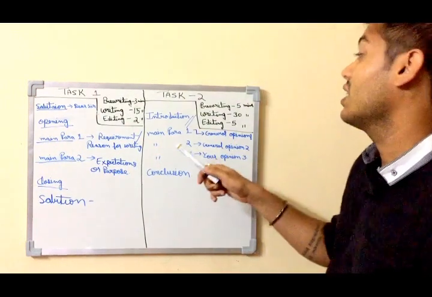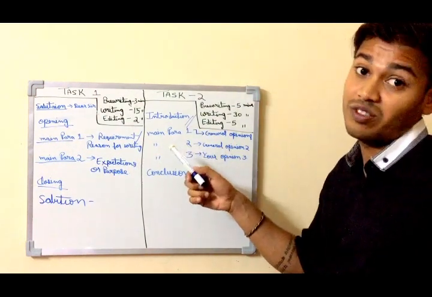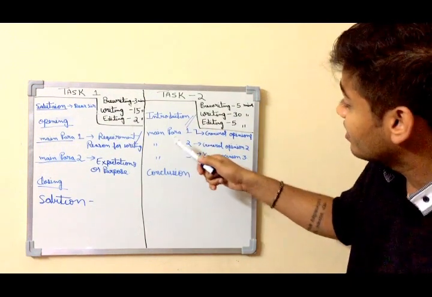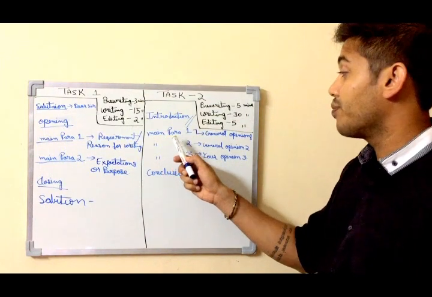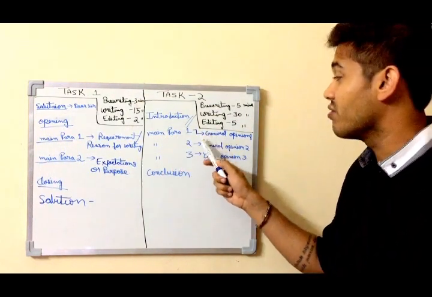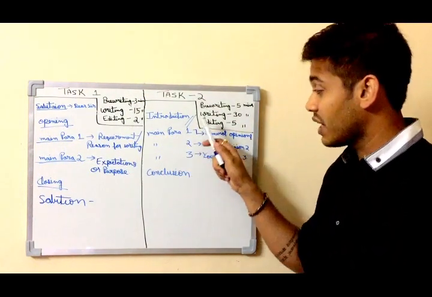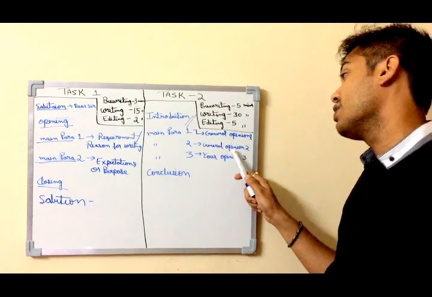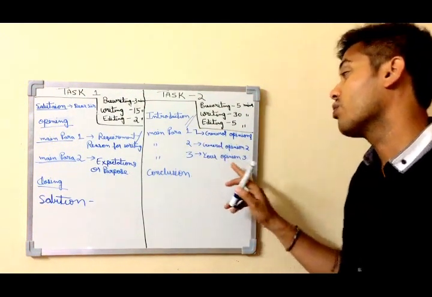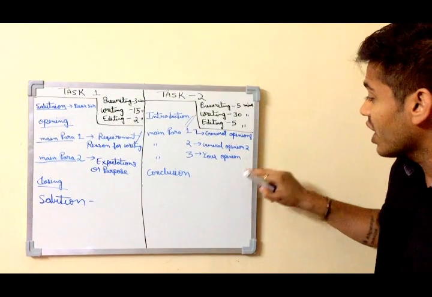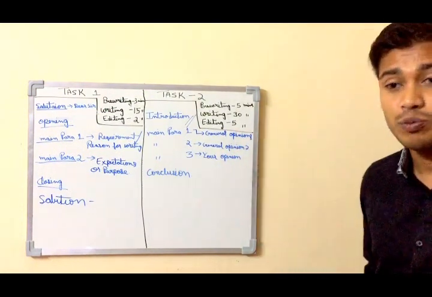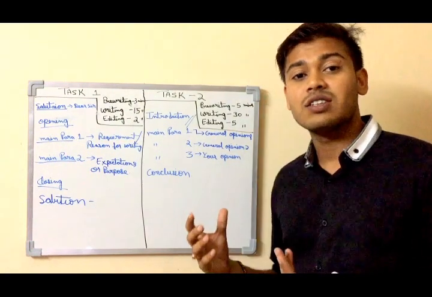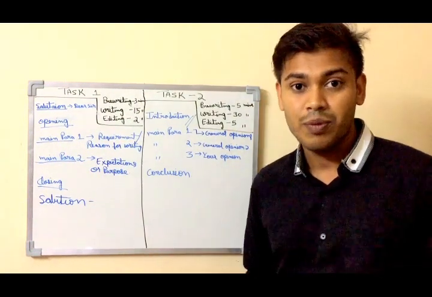Now here in writing task 2, which is the essay, we have 3 main paragraphs. So in the first main paragraph you need to give general opinion 1, then in the second paragraph you need to give general opinion 2, and in the third you have to give your opinion. Now what are general opinion 1 and general opinion 2? Like suppose they have asked us to write on some social issue.